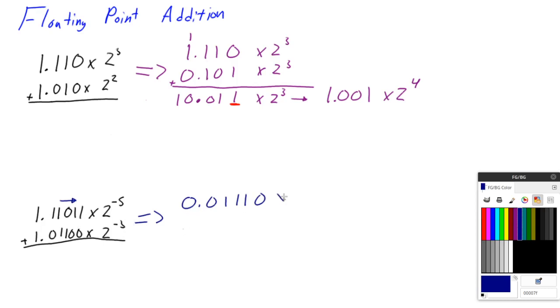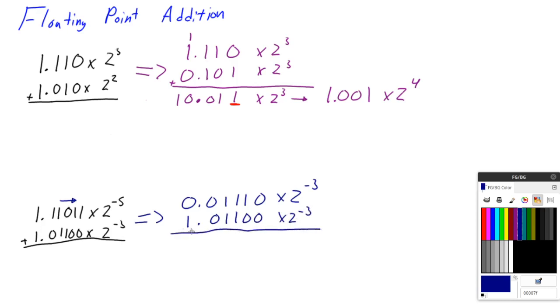And so this is times 2 to the -3, and this number stays the same. So it's 1.01100 times 2 to the -3.